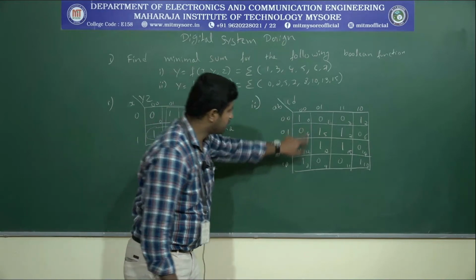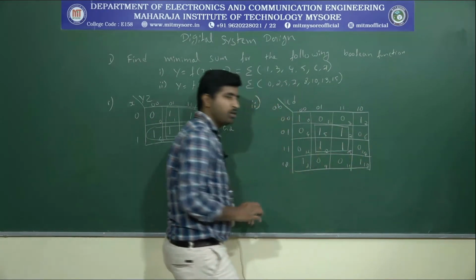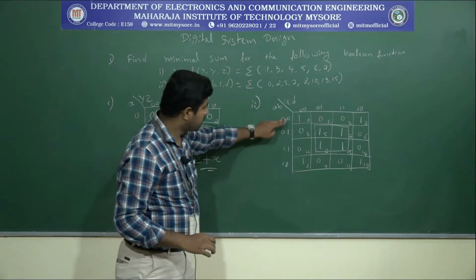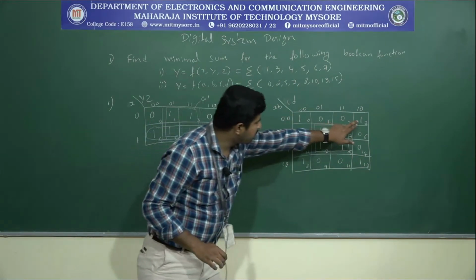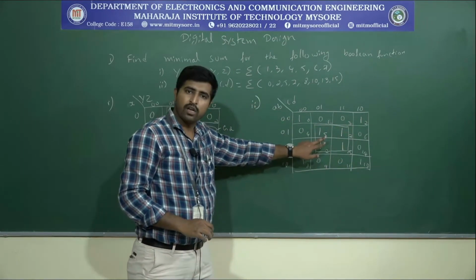So these are 4 cells adjacent to each other, so we can make one group. Next, see here, all the corners: 0, 8, 2, 10 are the logic ones.